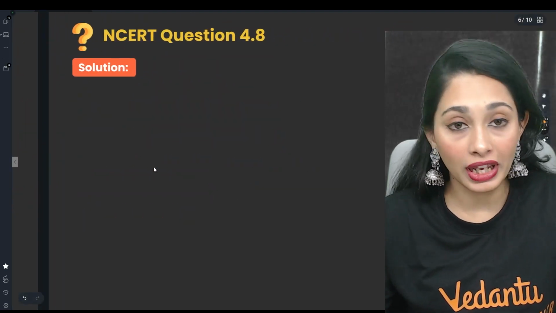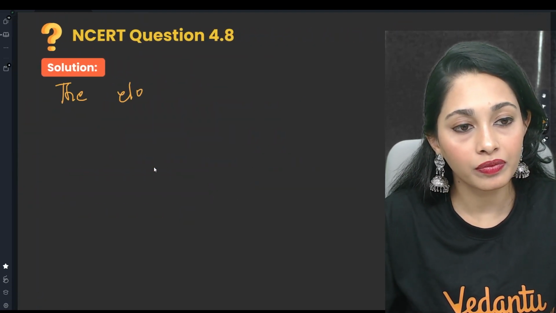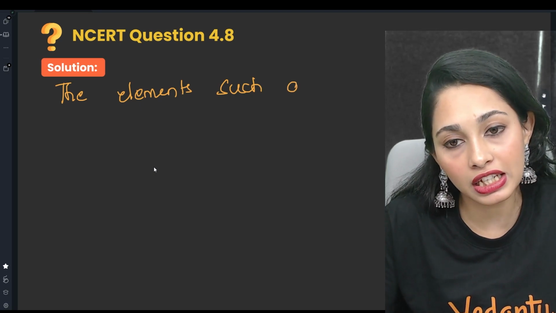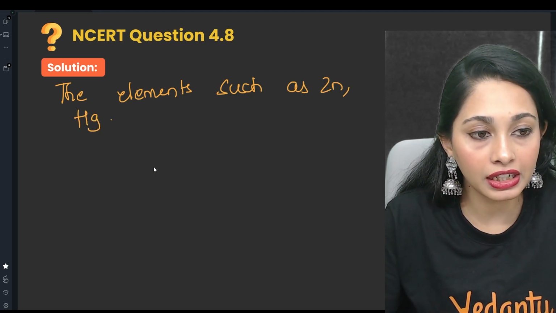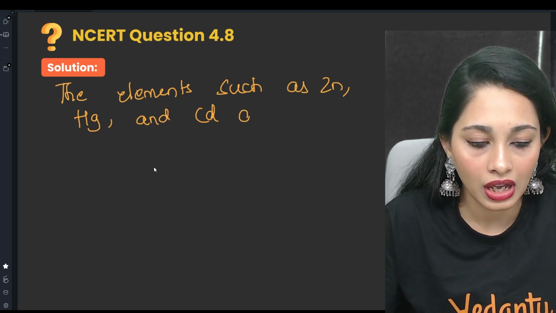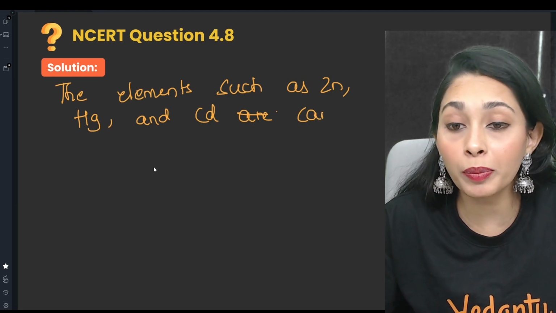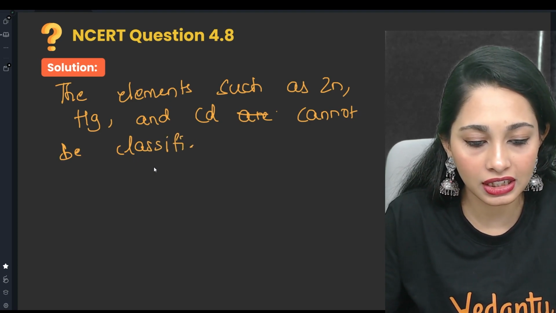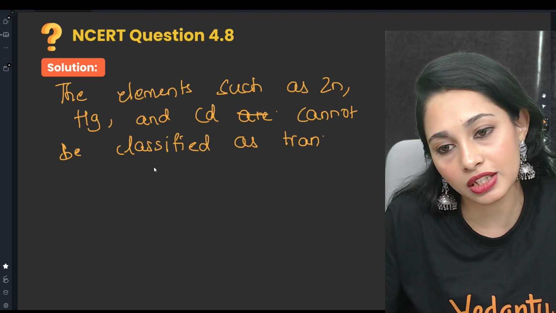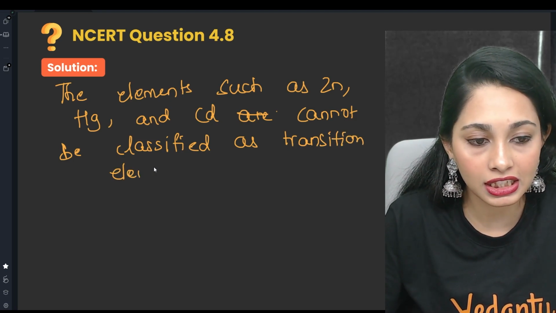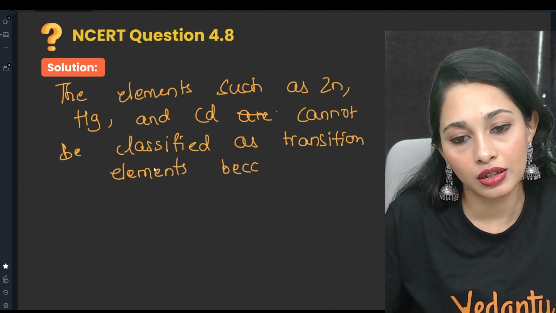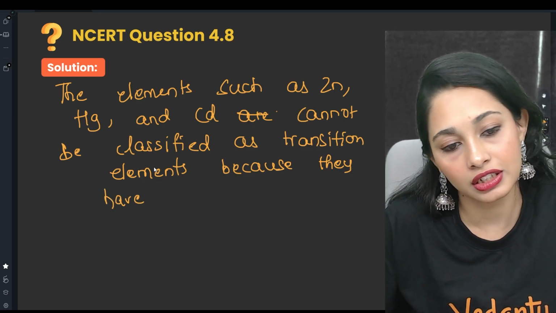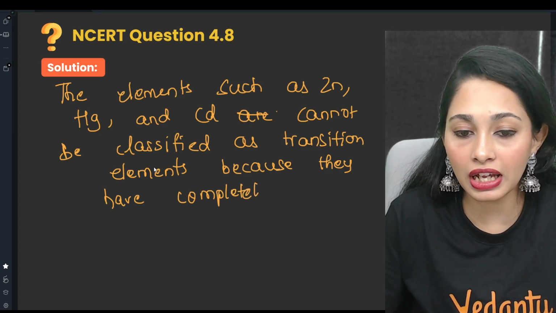Okay, but there are a few elements, such as zinc, mercury and cadmium, that cannot be classified as transition elements because they have completely filled d subshell, as in d10.